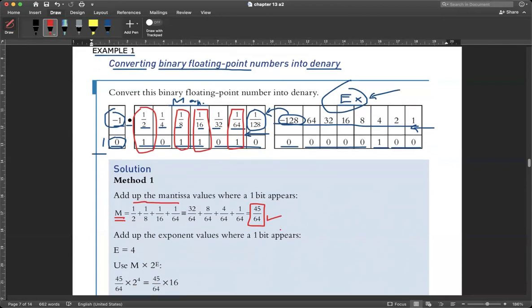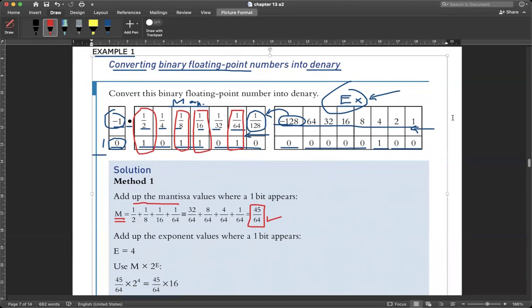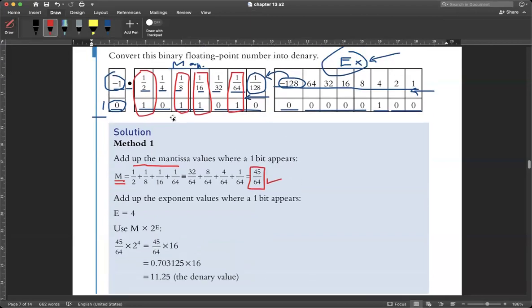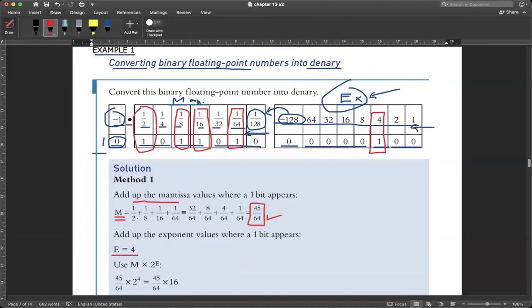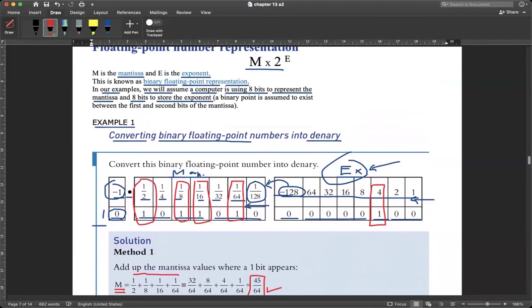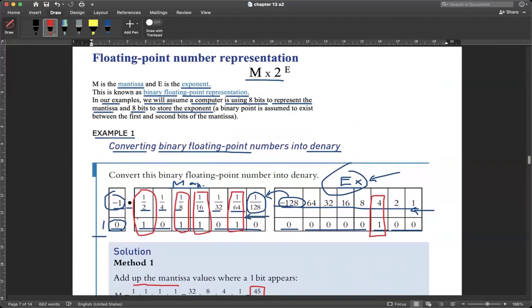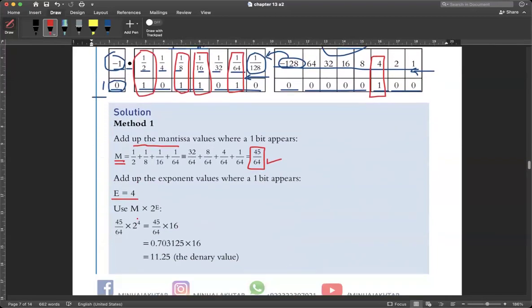After this, for exponent, you need to pick the same thing. It's a very regular practice, guys, that you only pick the number which is having 1. So in exponent, can you tell me which number is having 1? 4. So you need to write exponent value 4. What is the formula? The formula is very simple: mantissa into 2 power exponent.